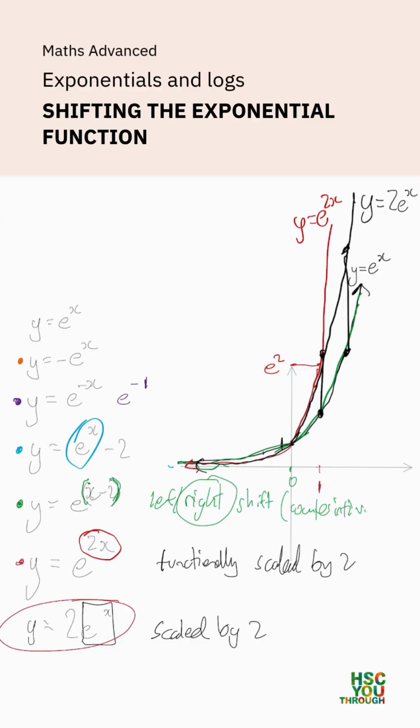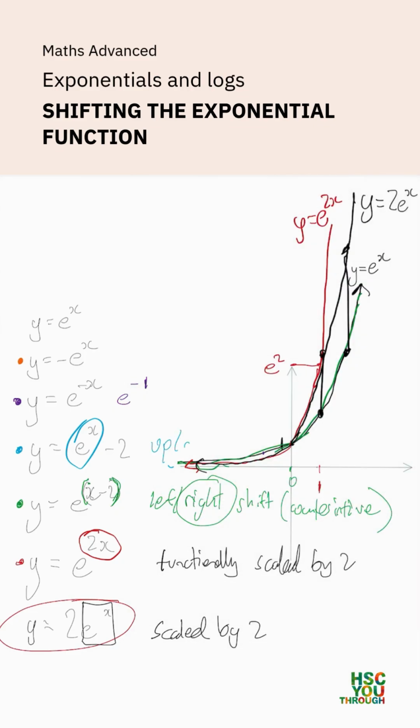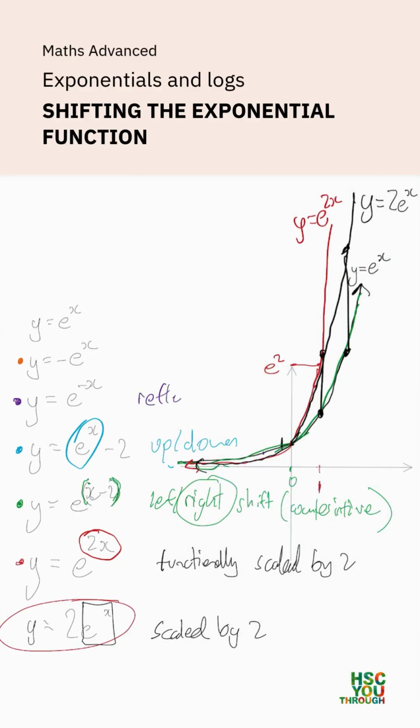Always the left-right shifts are counterintuitive. This one is just a simple up-down shift. This one is a reflection in the x-axis. Sorry, reflecting the y-axis. This is a reflection in the x-axis.